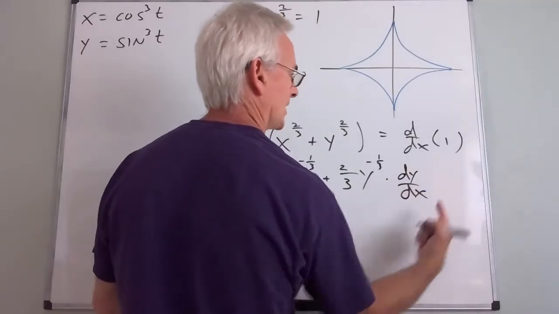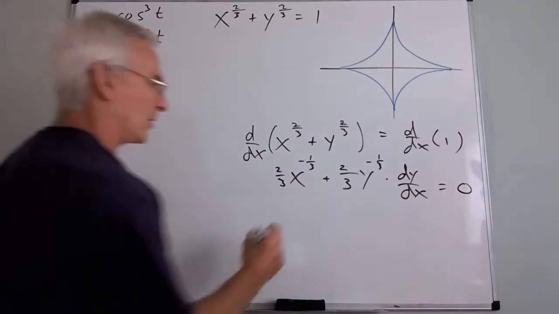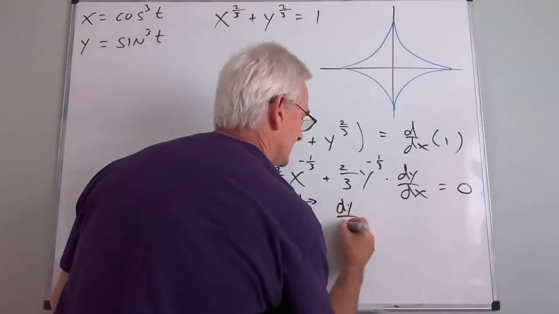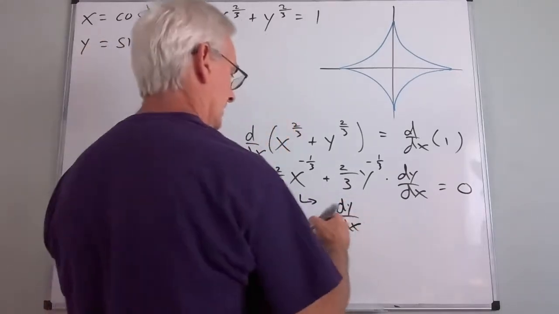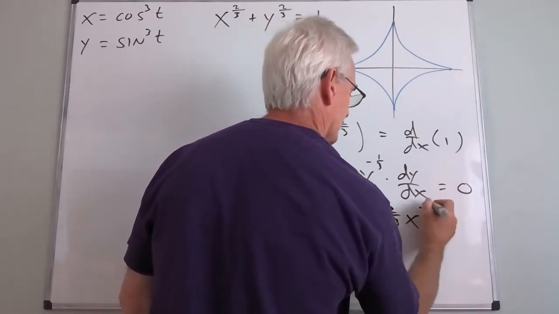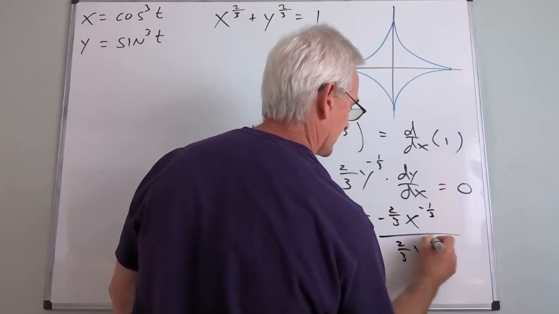And then how about the right side? Piece of cake. 0. So like before, send that guy that way, and I would have dy/dx is going to equal negative 2/3 x to the negative 1/3 over 2/3 y to the negative 1/3.